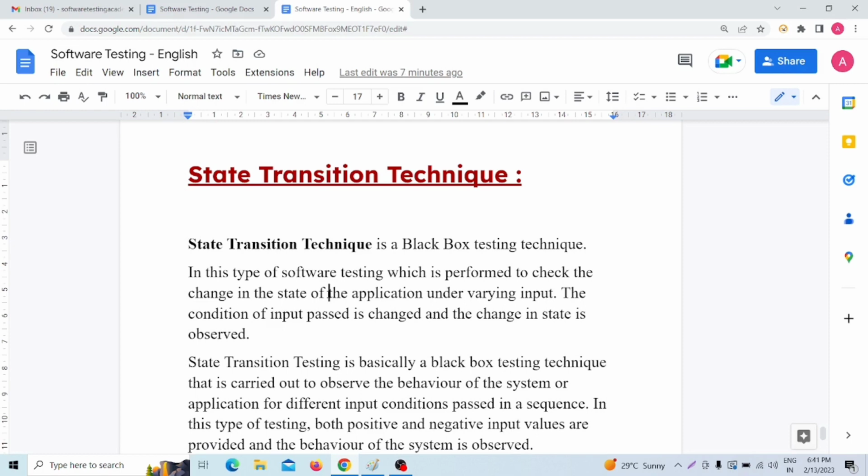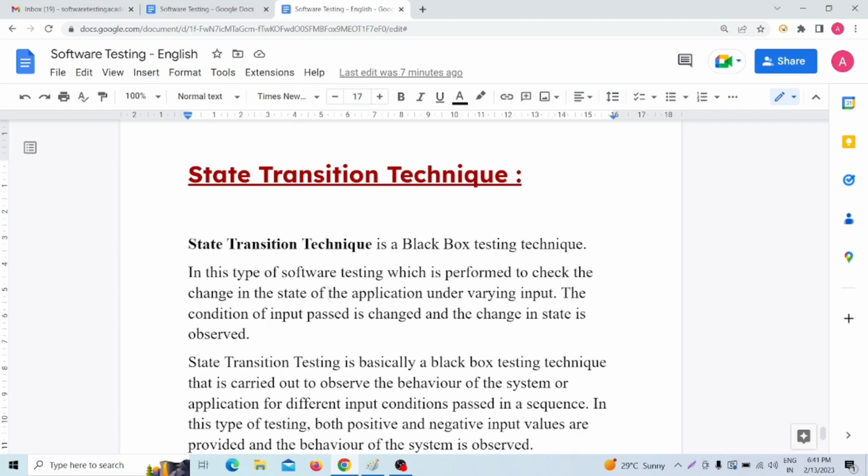Now the first question arises: what do we mean by state transition? In this technique, we check the change in the state of the application under varying input.